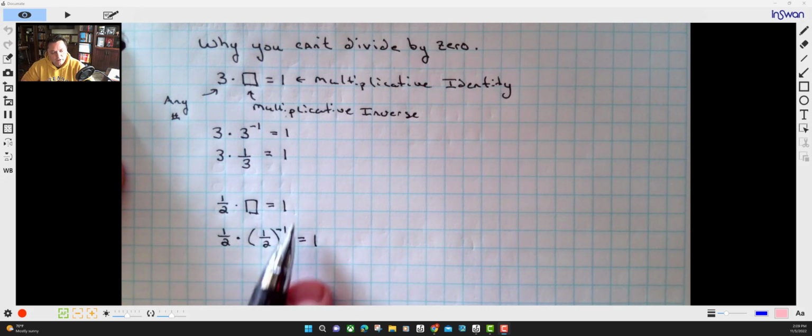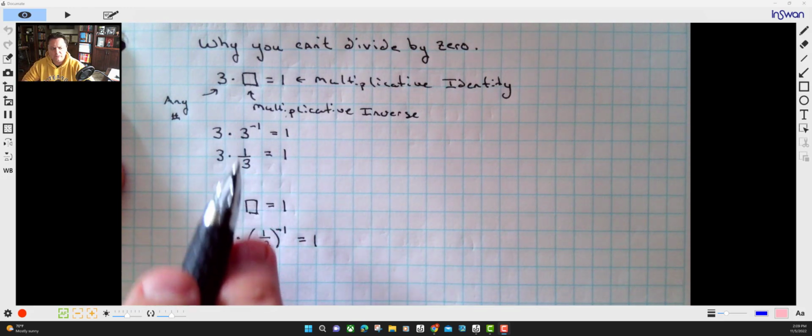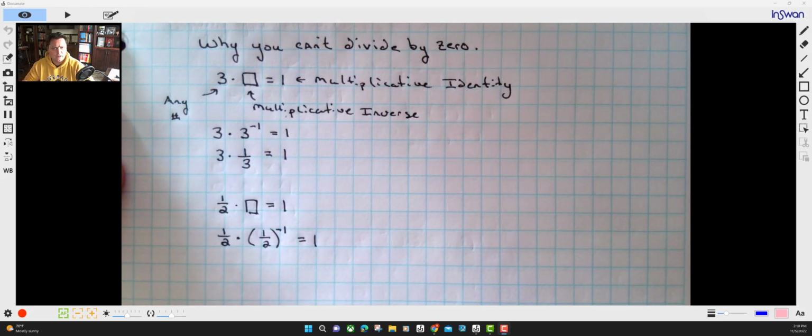What is the number that when we multiply by a half gives us 1? We know that number is 2. This should make a little bit of sense with exponents too, why we just flip them to find their inverses. So this would be 1/2 times the number 2 equals 1.